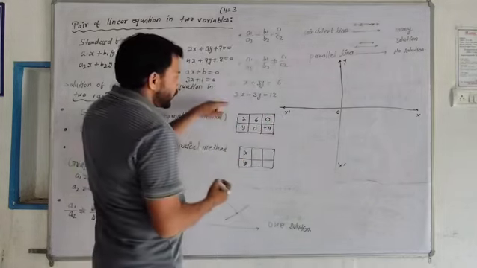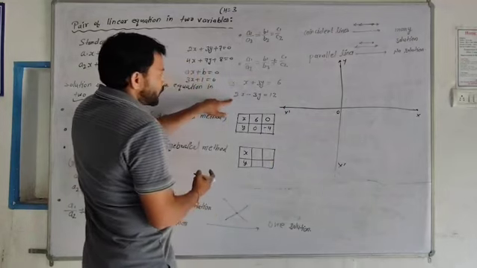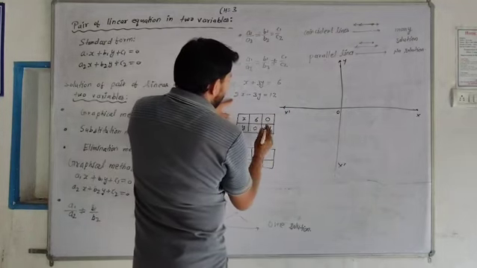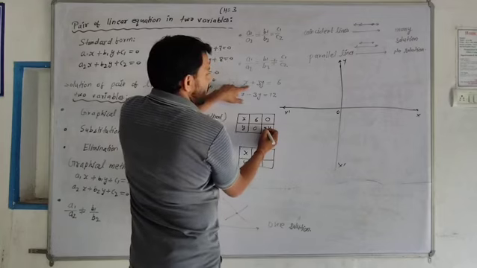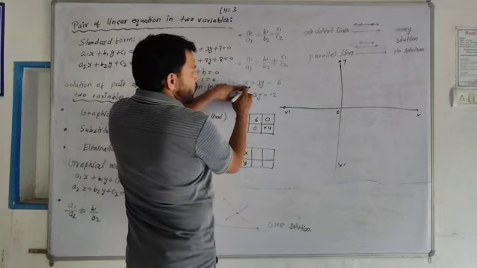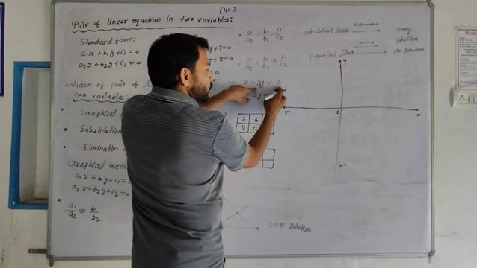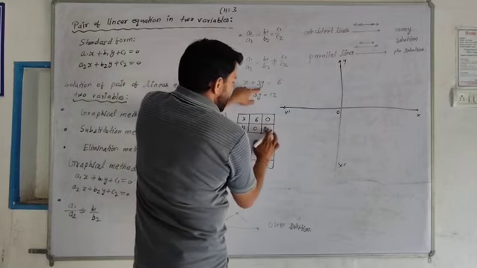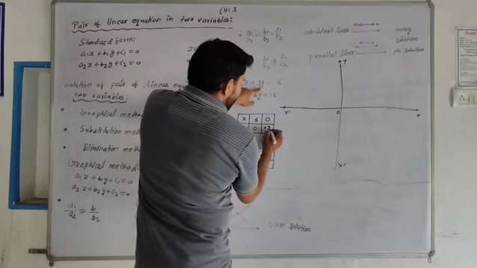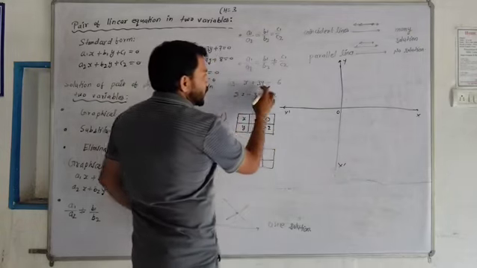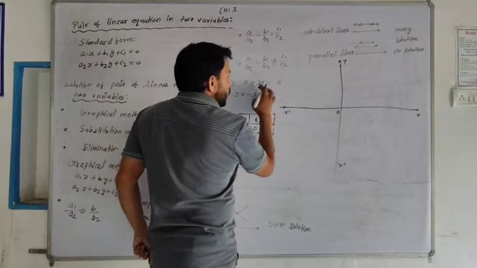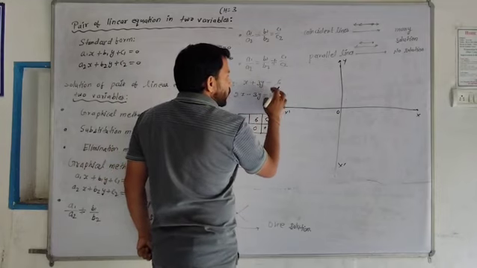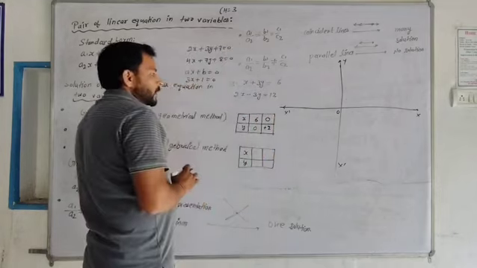Now solving the other equation. We solve the first equation. If x is equal to 0, then 3y is equal to 6, y is equal to 6 divided by 3, 3 cancels out, then we get 2.